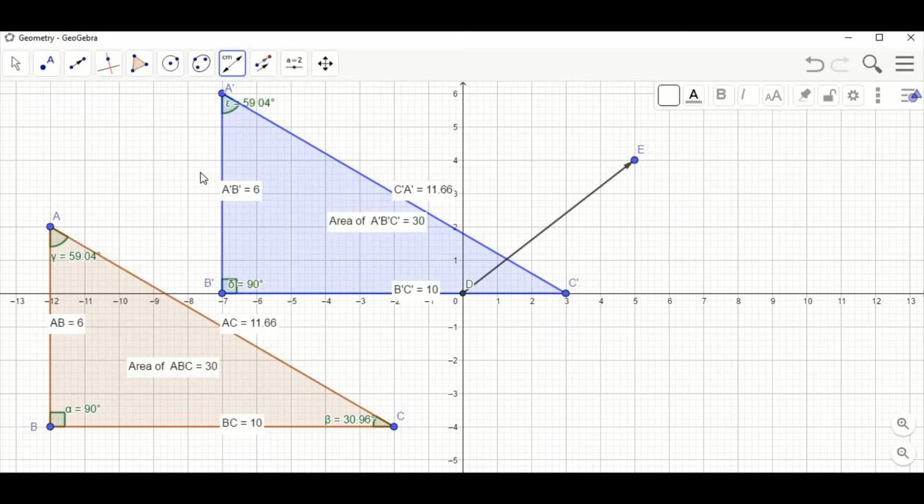And if you note here that A prime, C prime is parallel to AC and also B prime, C prime is parallel to BC and also AB is parallel to A prime, B prime. So parallelism is maintained.